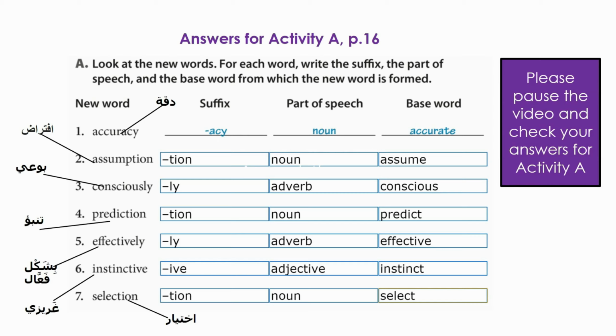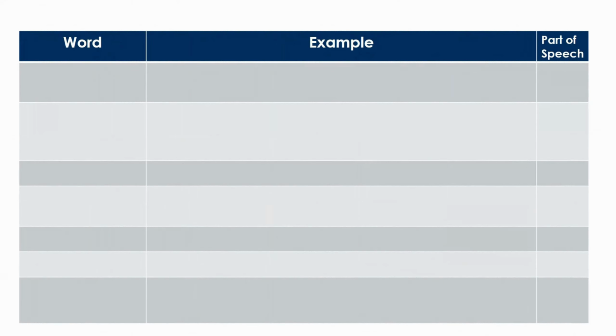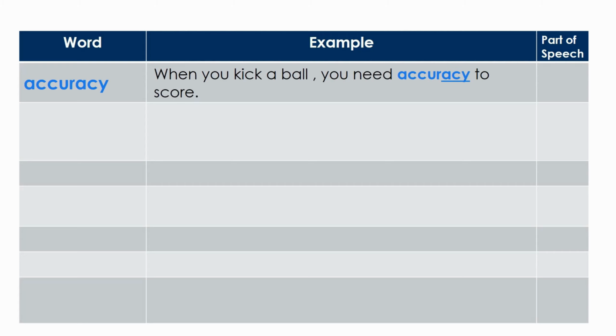Okay, we're going to try and use these words now to make sample sentences. Also, after that, we will identify the part of speech. So, accuracy. When you kick a ball, you need accuracy to score.